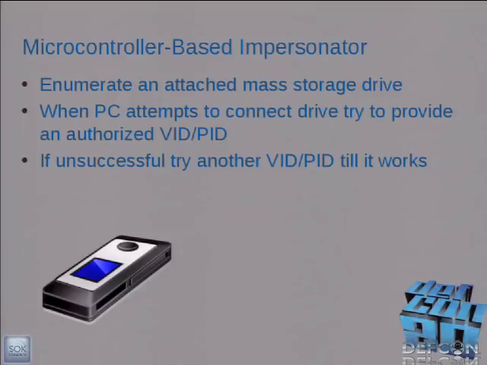If it's not successful, it tries the next one. There are 2 basic modes of operation. You can either say, I know what the VID-PID is, and I'll just set it, or you can try automatic mode. In automatic mode, I have 500 of the most common VID-PID combinations, and it will just scan through those.